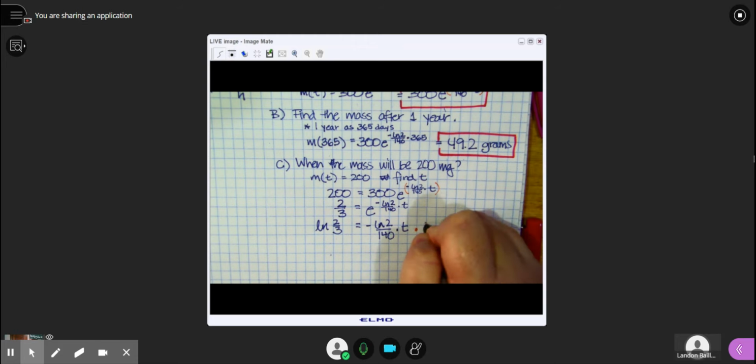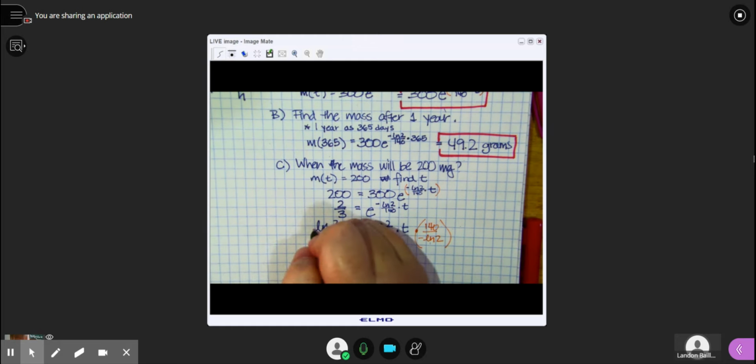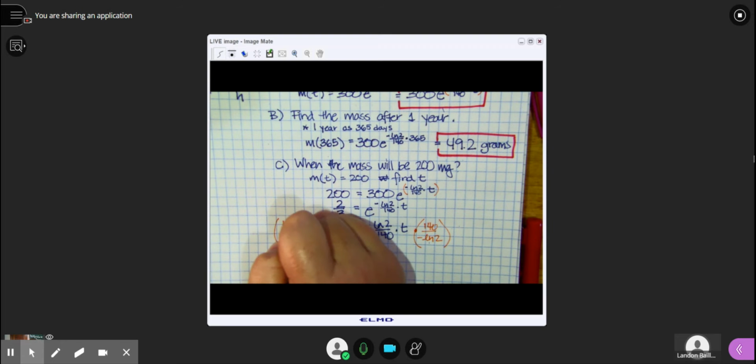I'm going to multiply by 140 over a negative ln 2. Is it okay if I do that in one move for you? Right, multiplying by the reciprocal.